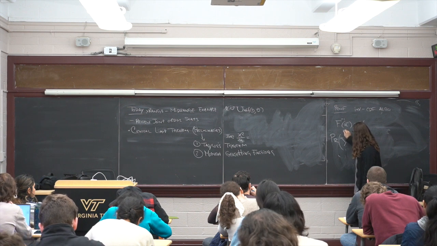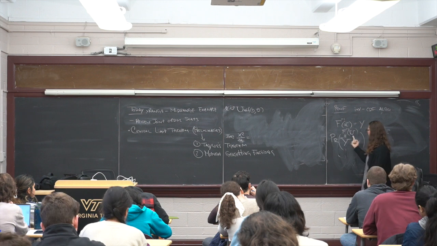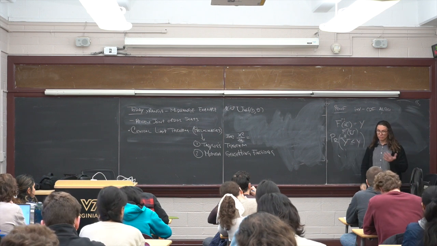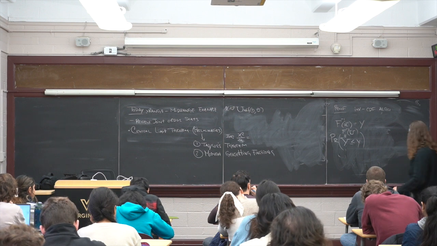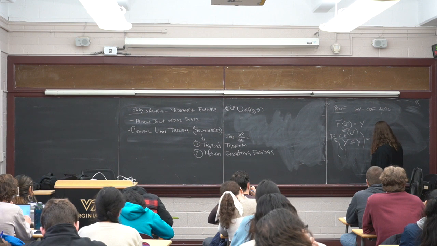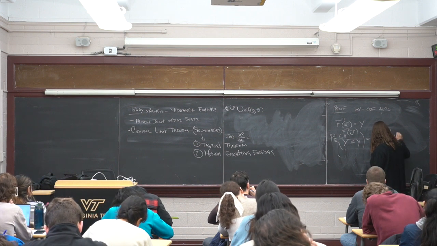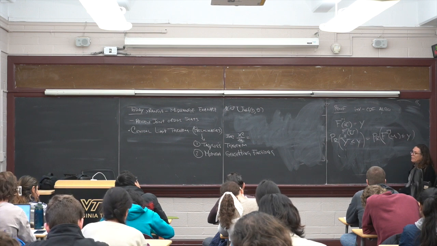So I want to know what this thing is, the probability distribution of that. If I were being polite, I'd probably make the random space capital U or something like that to describe the process of generating uniforms. So I'll just plug this thing in. Probability of F inverse of U less than y.